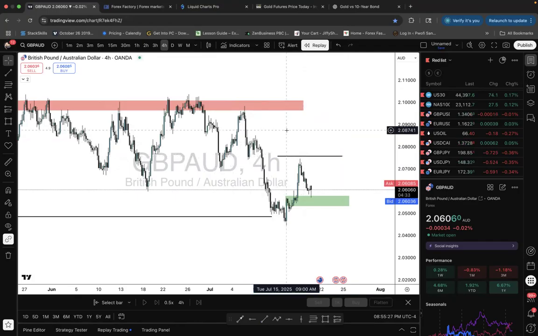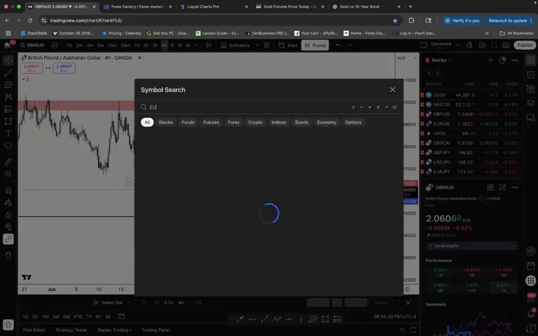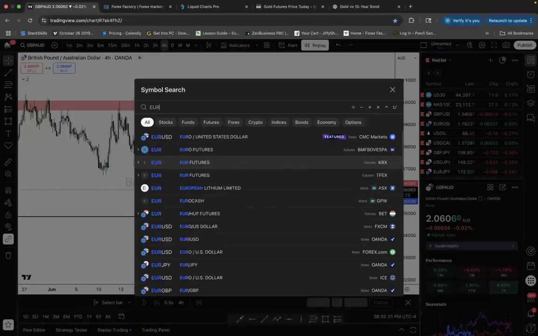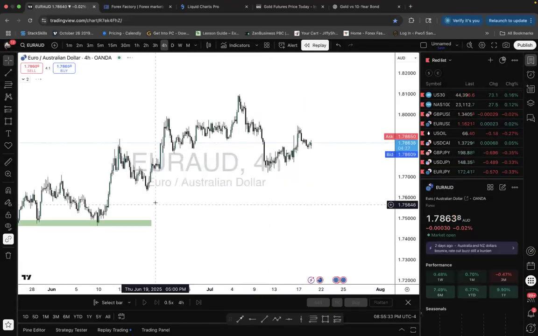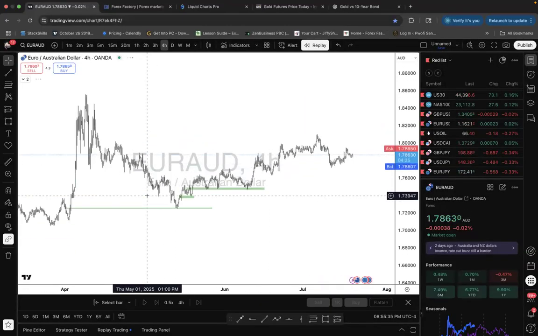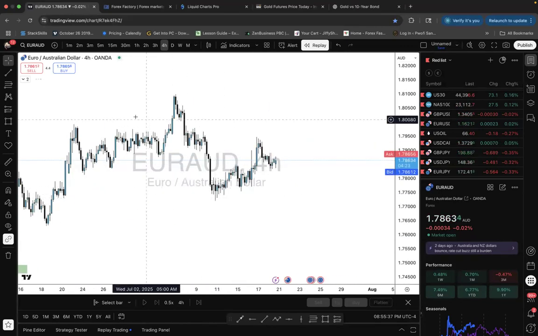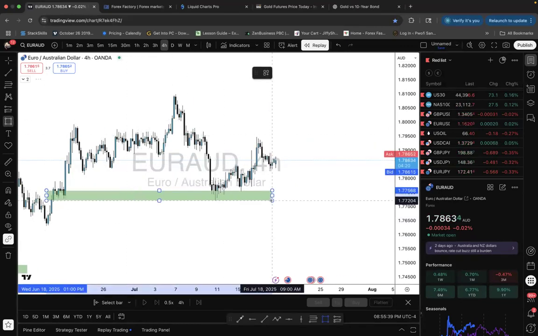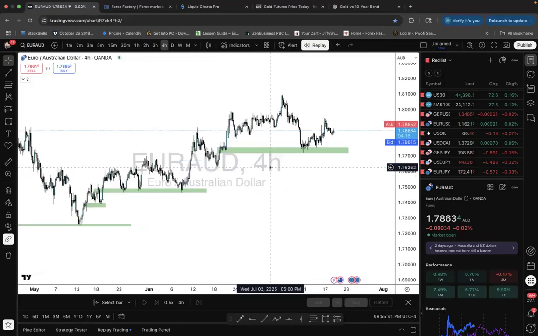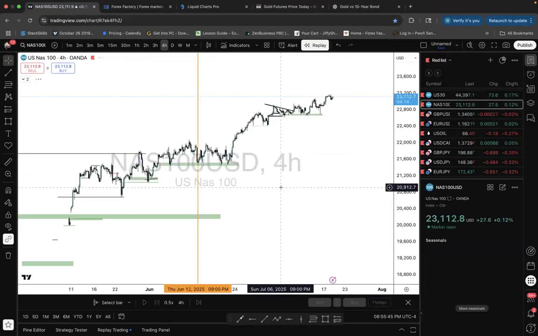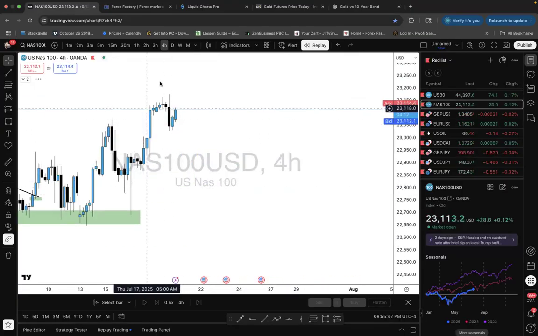So for those y'all who trade GA, there you go. I know some of y'all also trade Euro AUD. Oh, that looks nasty. But structure looks bullish. NAS bullish.